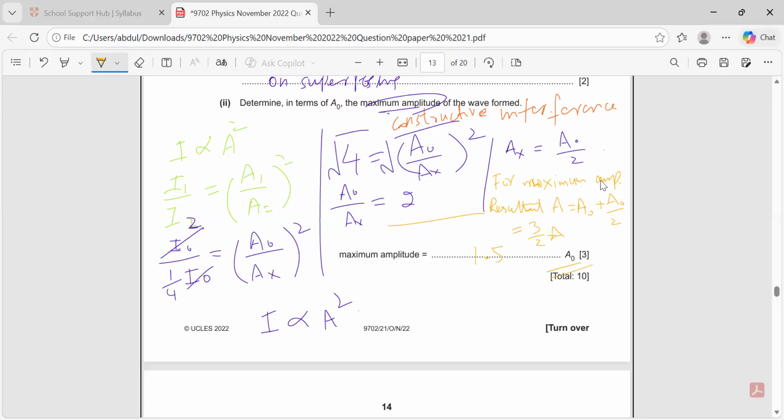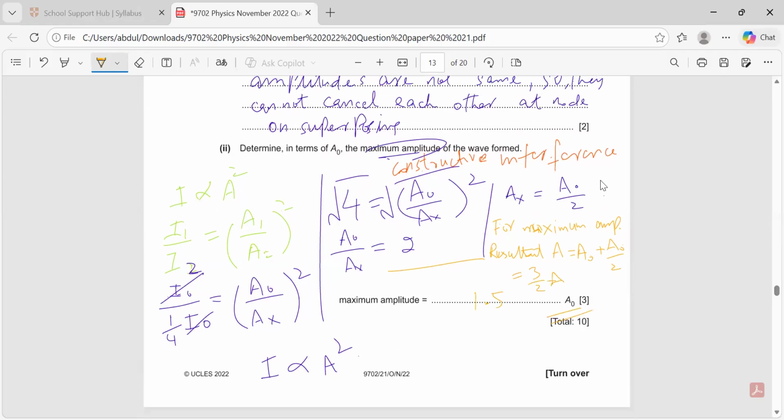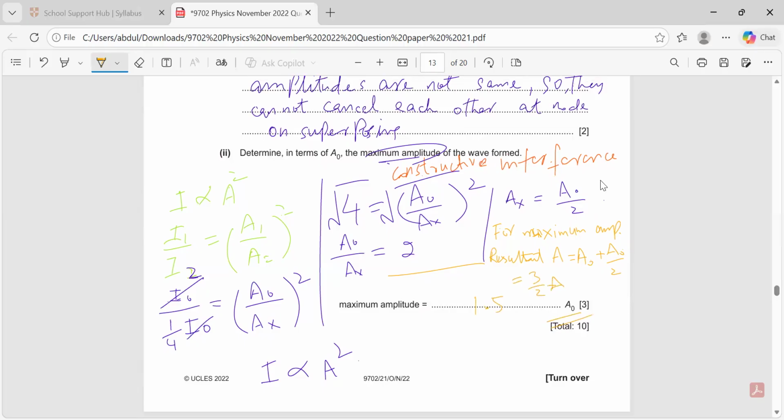A0 is already written. So what to do, my dear friends? Here, very simple. This we did many times, in the plotting of graphs, we want maximum amplitude in terms of A0. So maximum amplitude means some sort of constructive interference. The sum of the individual amplitudes will be the total amplitude. One amplitude we have, A0, the other we don't have, we can find it out.